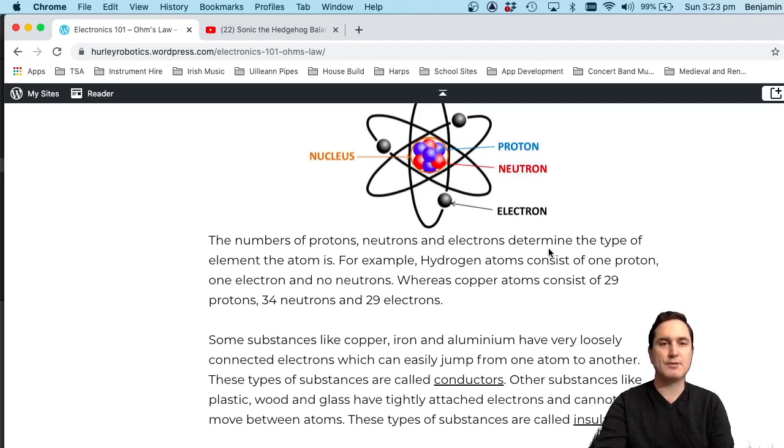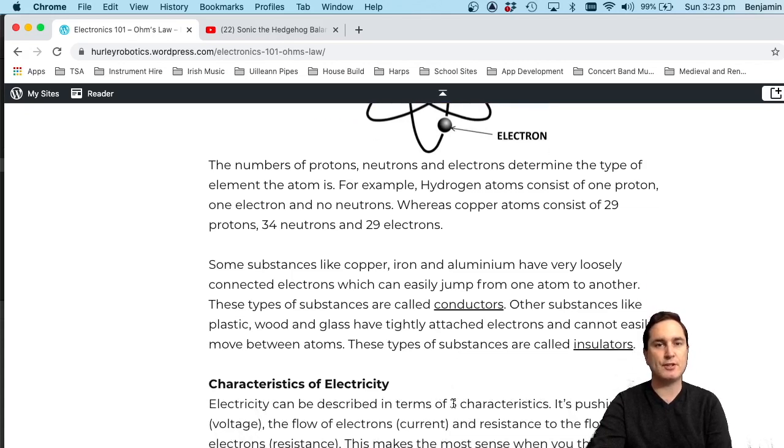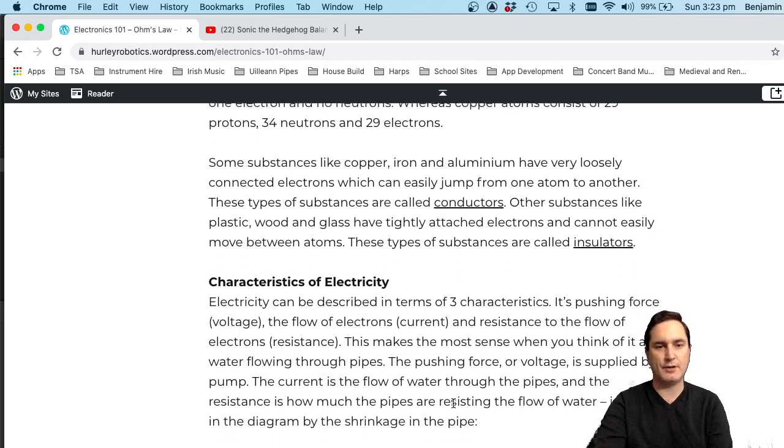So materials that the electrons can hop across can conduct electricity, so they're called conductors. And other materials like plastic, wood, glass, their electrons are tightly bound to their nucleus and they don't want to hop around. They don't conduct electricity, so we call those ones insulators because they insulate against electric flow.